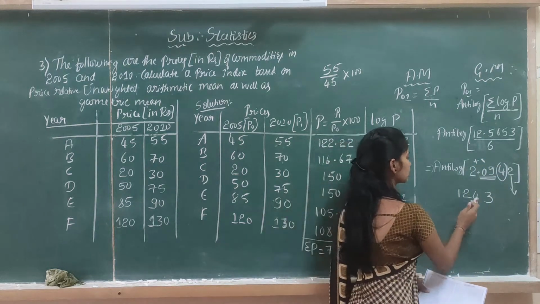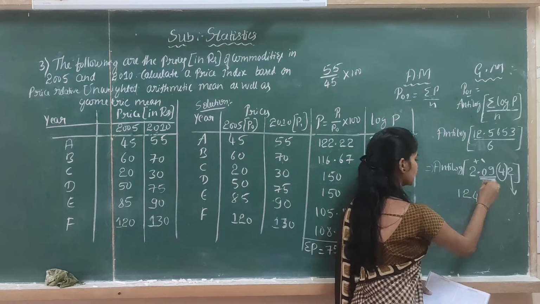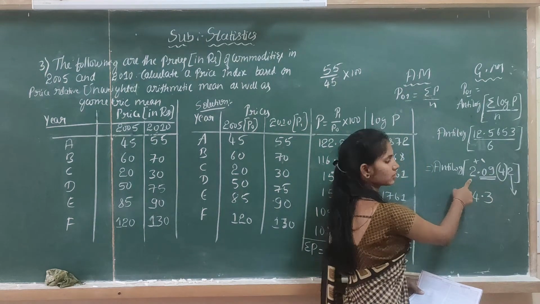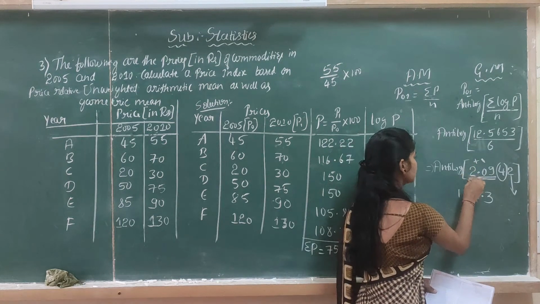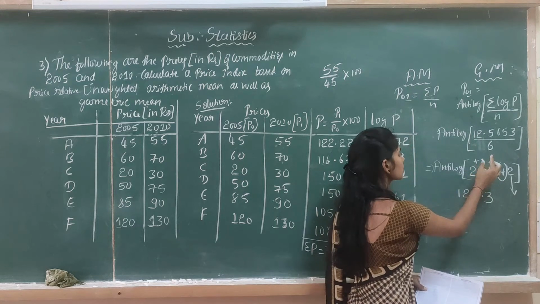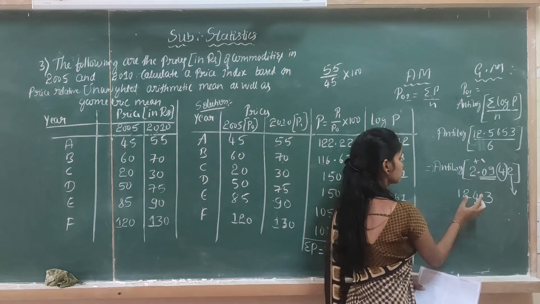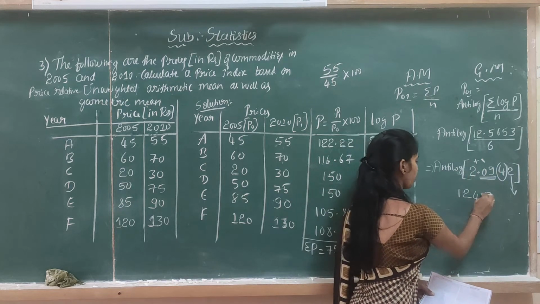After 3 digits you put the point here: 1, 2, 3. So 2 plus 1 is 3, and you put the point after 3 digits.